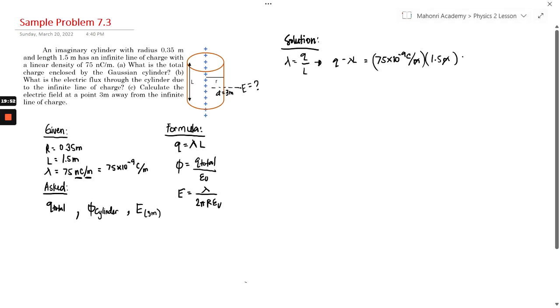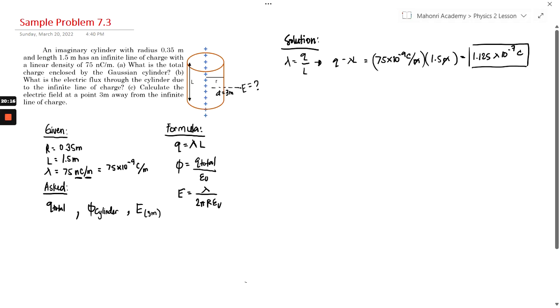So the meters cancel and you are left with 1.25 times 10 raised to negative 7 coulombs. So that's how much charge is enclosed in your Gaussian surface. That is the Q total found inside your Gaussian surface.